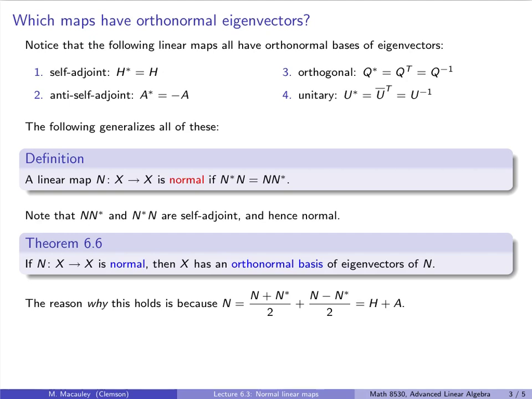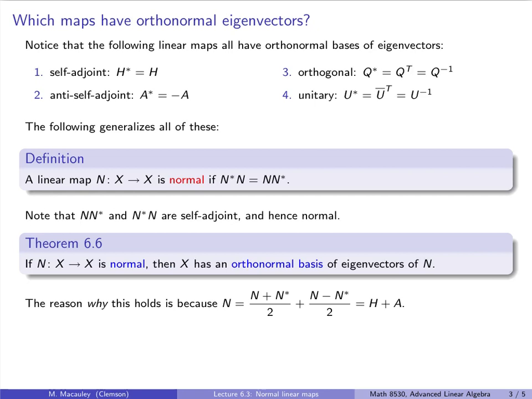But the reason why this holds is because any linear map N, normal or not, can be decomposed uniquely as a sum of a self-adjoint map and an anti-self-adjoint map, namely (N plus N star) over 2 and (N minus N star) over 2. I like to think of this for real valued matrices as writing a matrix as a sum of a symmetric and a skew-symmetric matrix.